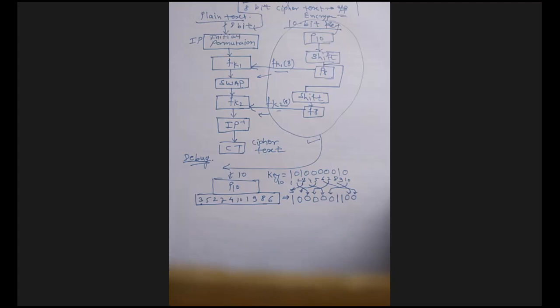Now, what they have said in this algorithm is that you have to use a left shift, LS1, and apply it on two parts. So you have to divide these numbers into two parts: the first 5 and then the next 5.